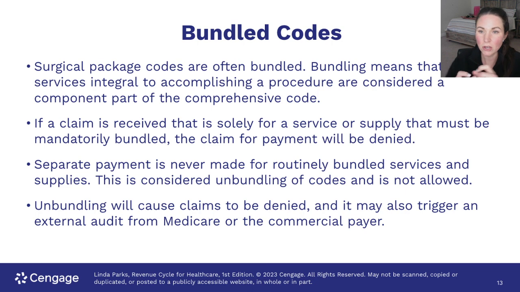So if they get a claim with a code for something that should be part of that bundled package, it's supposed to be in this bundle only, then they're going to deny it. They will never make a payment for this. And when they see that you unbundled something, it could raise a red flag and cause you to be audited by Medicare or the commercial payer.